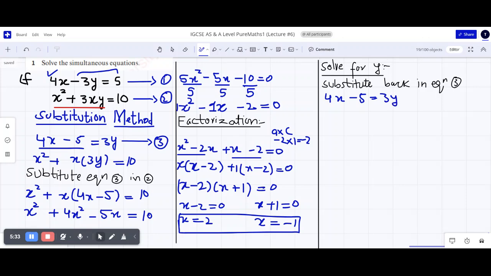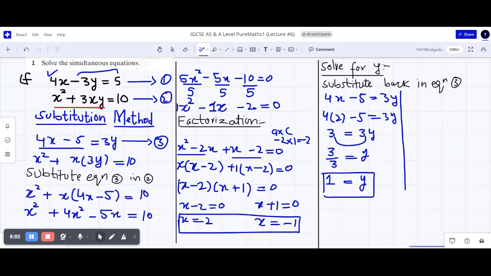First we substitute 2 here: 4 times 2 minus 5 equals 3y. 4 times 2 is 8, 8 minus 5 is 3, equals 3y. Then we shift the 3 there, so it divides: 3 by 3 equals y, so 1 equals y.